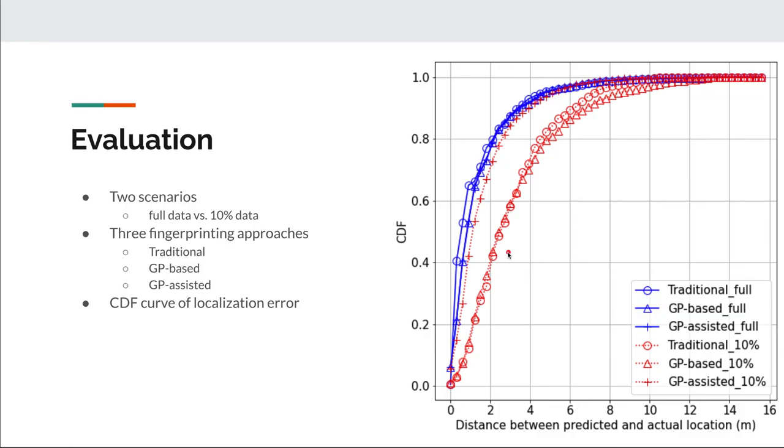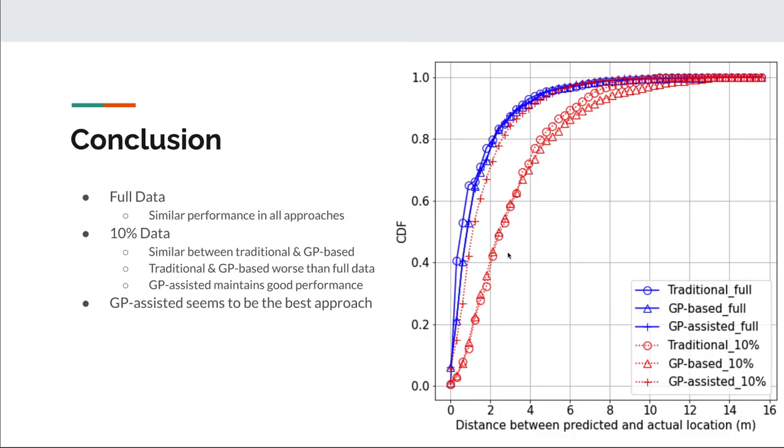Now let's take a look at the actual analysis. The blue lines represent the full data scenario, and the red lines represent the 10% data scenario. And we can see that all three methods under the full data scenario have similar performance because their CDF curves are very close to each other.